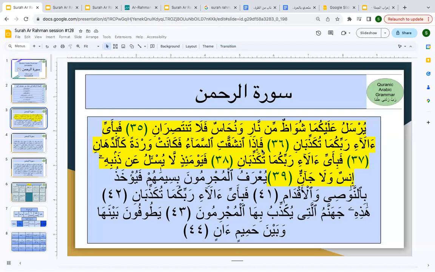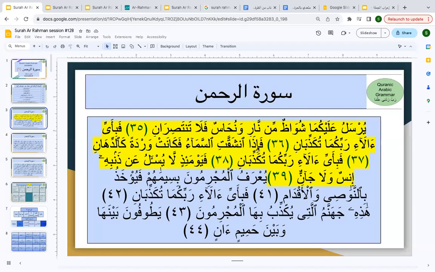It is a noun which is setting a condition. It is a noun of time. Do you all agree? It is referring to a day when the skies are going to be torn apart, and then it's going to be turned rosy colored, just like oil.